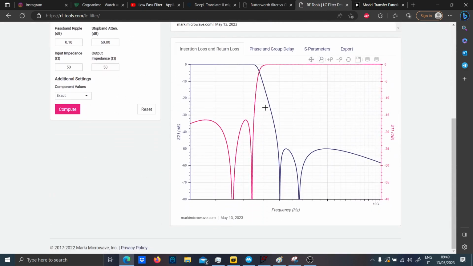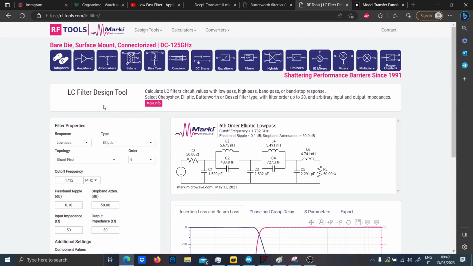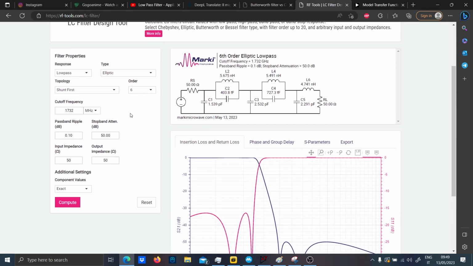As you can see, you have to check the blue curve. The elliptic is cutting exactly where I would want it, in the second, third harmonic, and so on. So elliptic filters are specifically designed, for instance, for RF to cut the harmonics of the filter, or even for the matching.